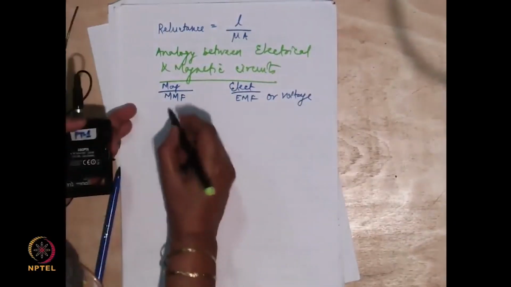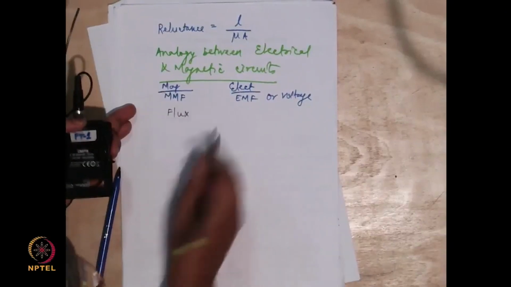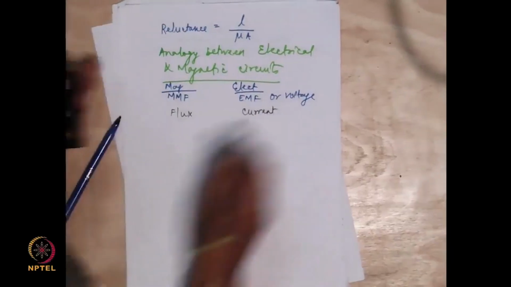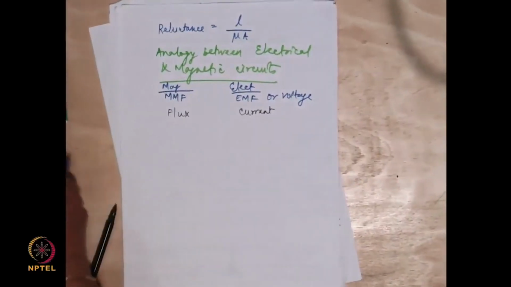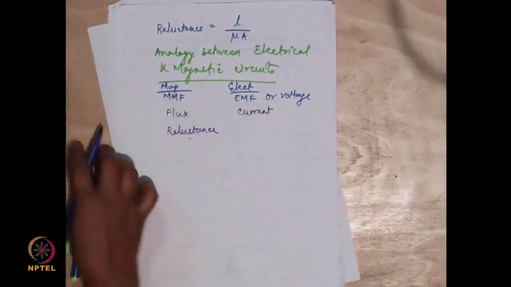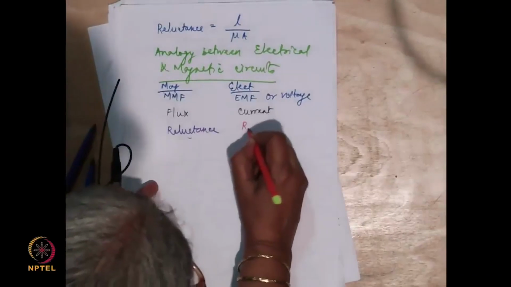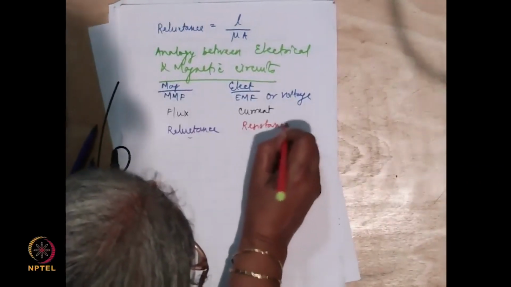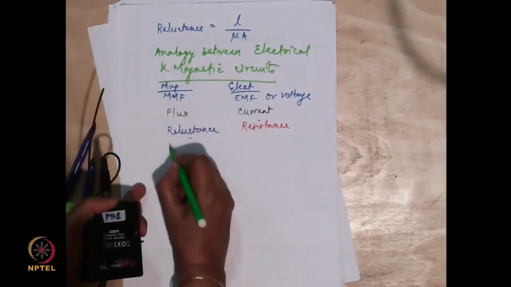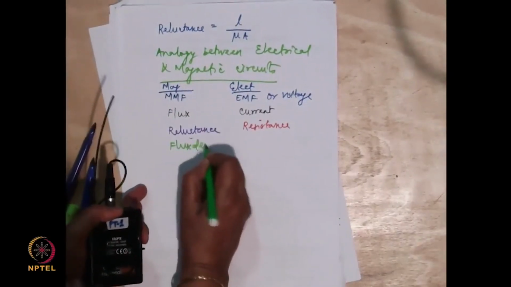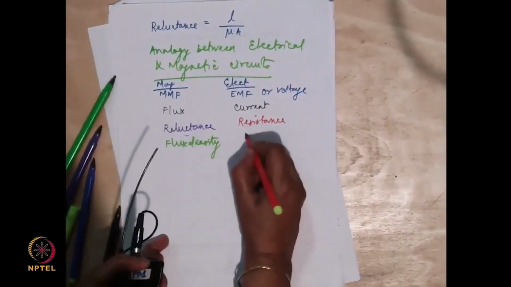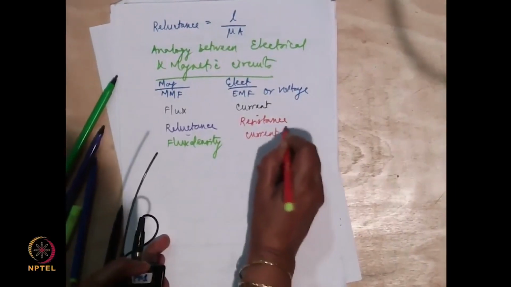In the magnetic circuit, if I have flux, I am going to have in the electric circuit current. And in the magnetic circuit, if I call this reluctance, I am going to call in the other case impedance or resistance. And if I say flux density B in the magnetic circuit, in the same way I can call this current density.